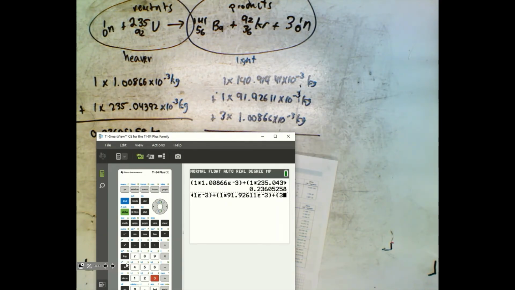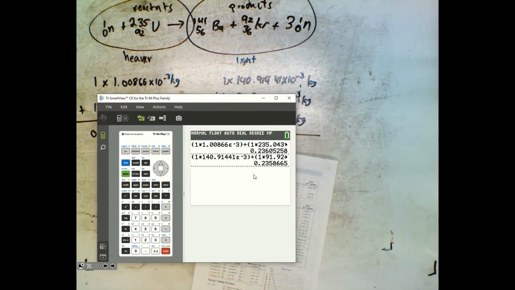There's 3 neutrons on that equation that I make. So 3 times 1.00866 times 10 to the negative 3, close my bracket, and that's the mass of my products.